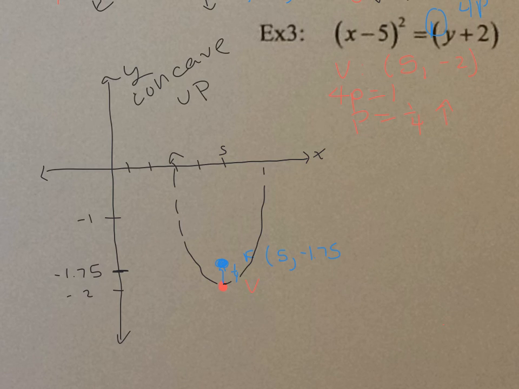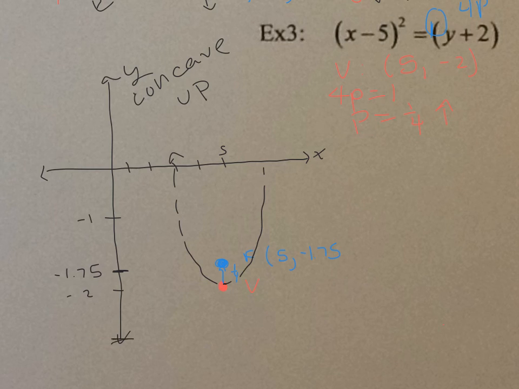Now let's find the directrix. Remember that the vertex is right in between the focus and the directrix. So if the focus is above the vertex, then my directrix has to be down here. If I only moved up 1/4 to my focus, I only have to move down 1/4 to my directrix. So let me put -3 down here. Actually, let me give myself more room.